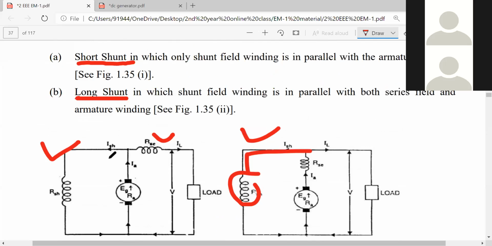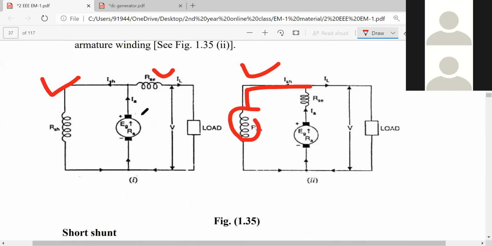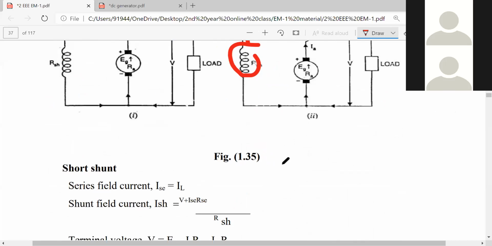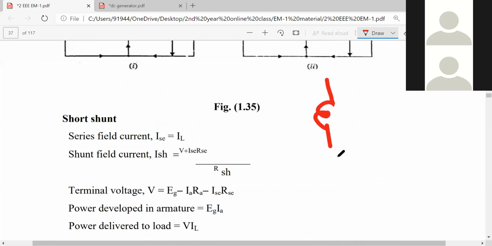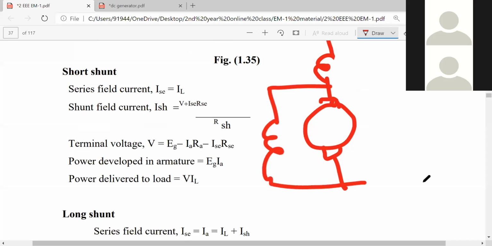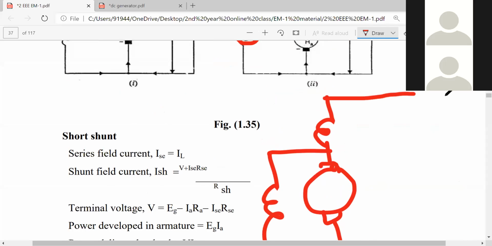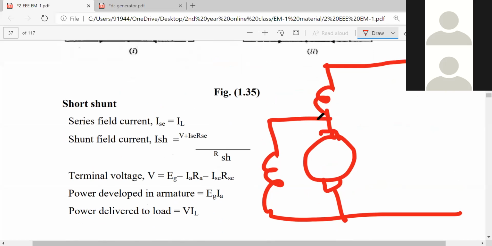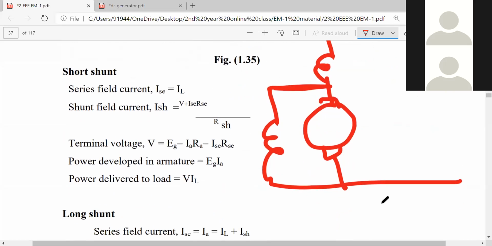Long shunt, short shunt. Actually, this circuit may further be drawn as the same circuit: series, armature circuit, shunt circuit. This is the short shunt. The shunt connected field winding is across the armature only.